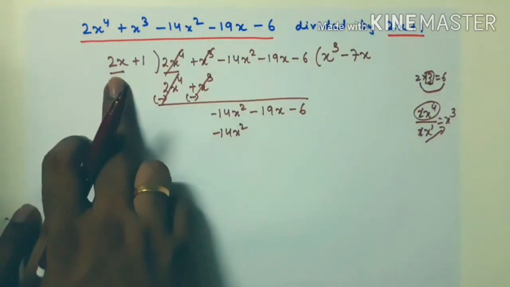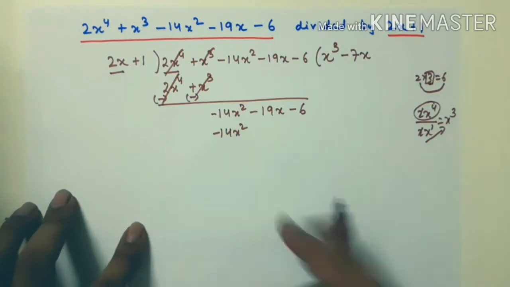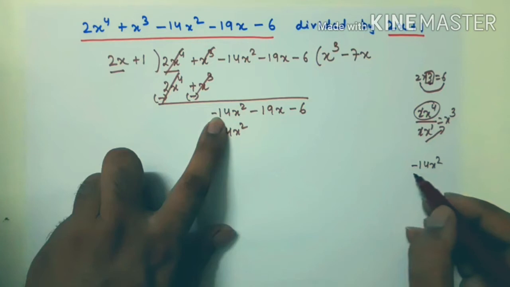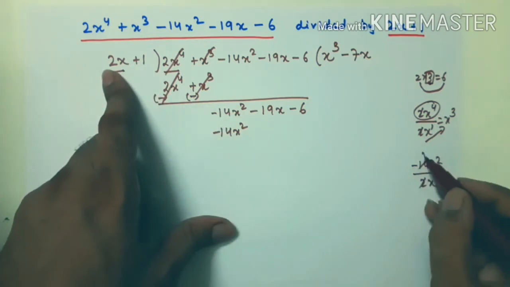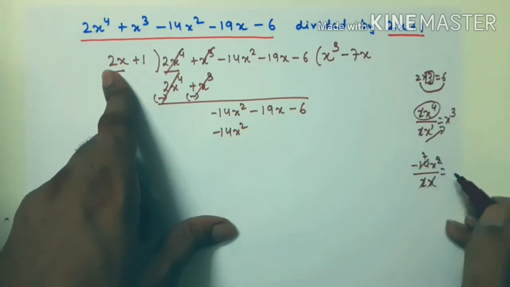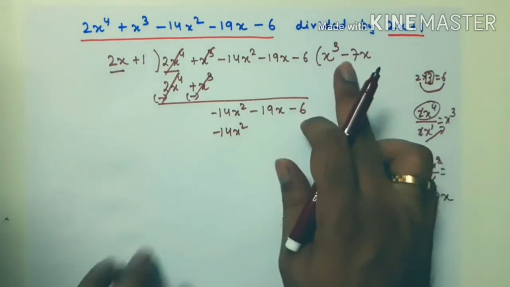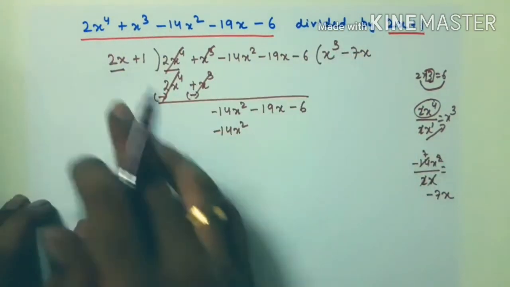That means 2x into minus 7x will give you minus 14x squared. You can also get this by dividing minus 14x squared by 2x: 2 sevens are 14, and x squared over x gives x, so we get minus 7x, the same thing we get here. So either we can do multiplication or do the reverse way, like division.